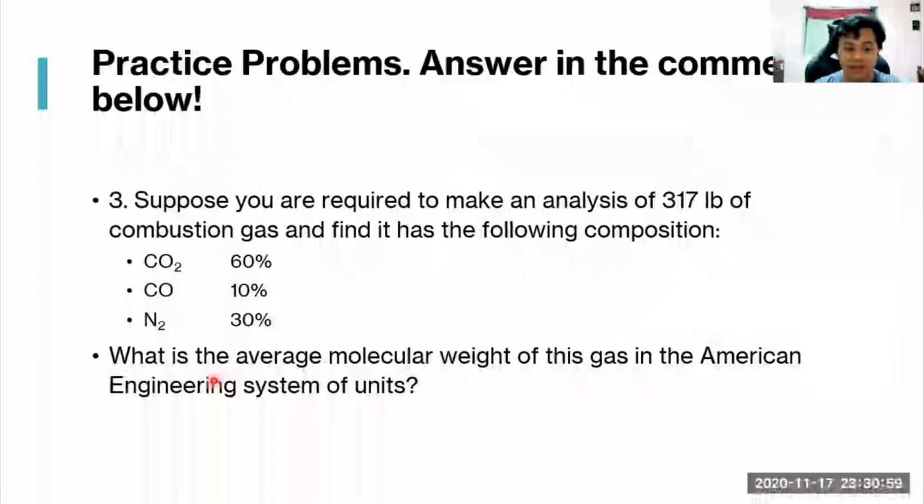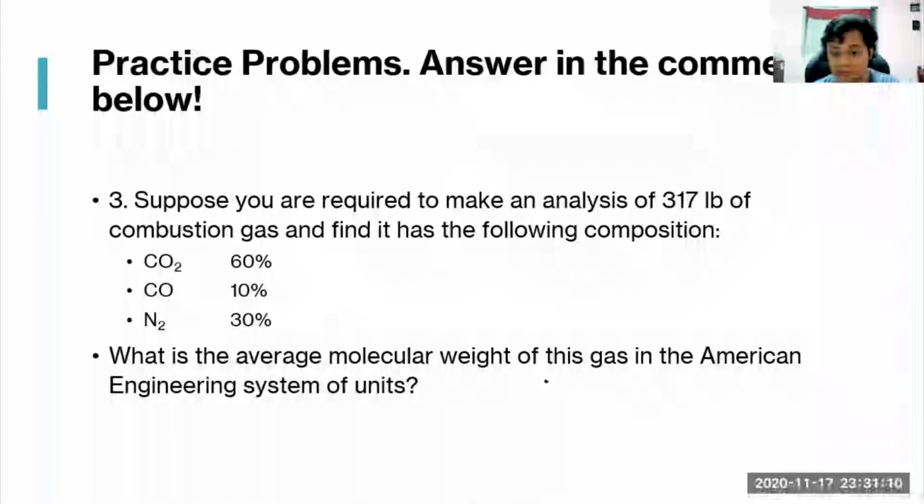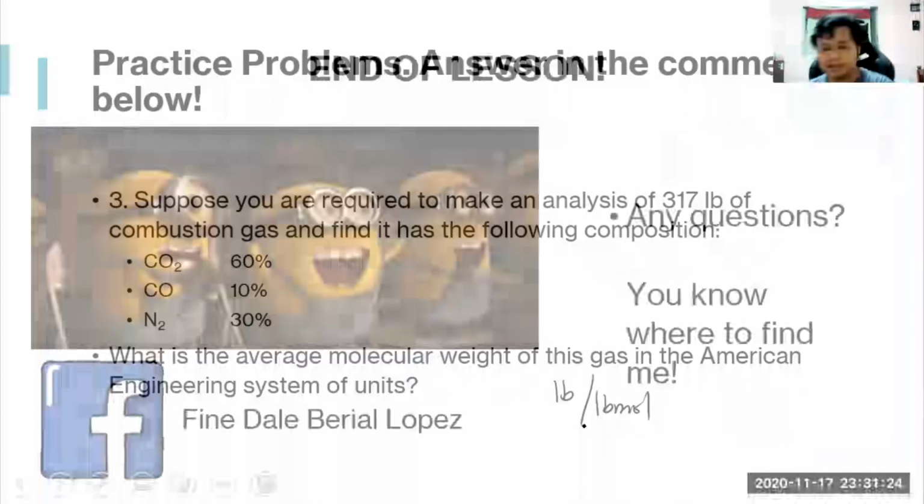The average molecular weight of this gas in the American engineering system of units, meaning the units for this will be pound per pound mole. The final answer will have the units of pound per pound mole.